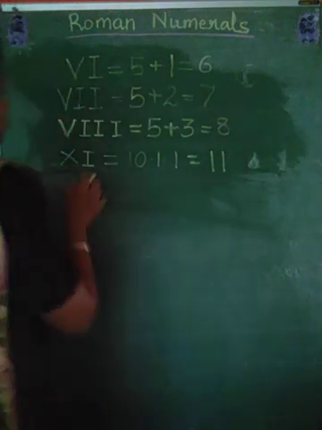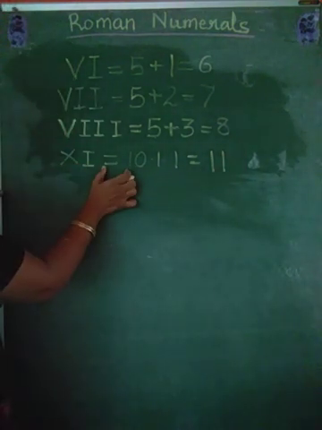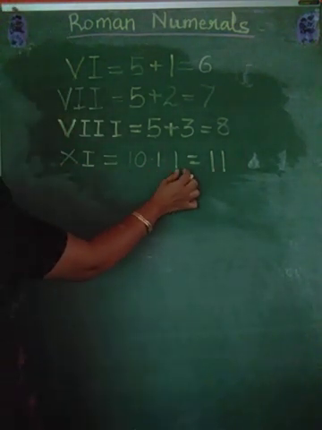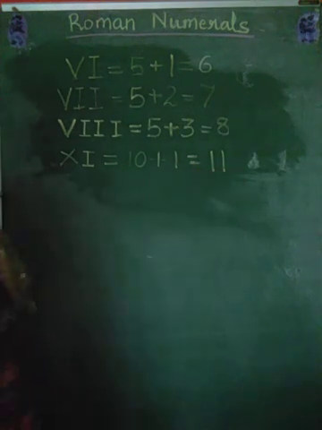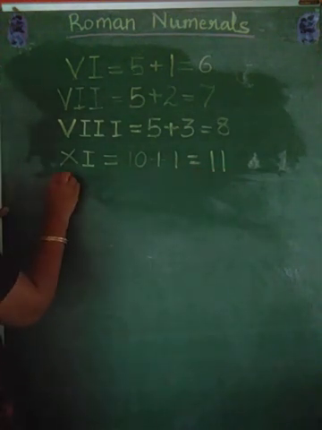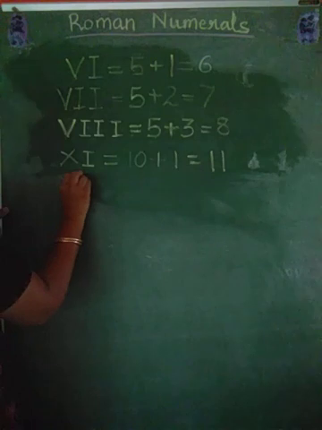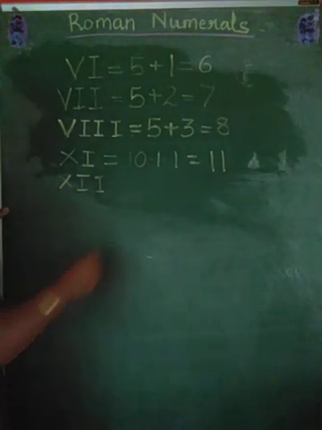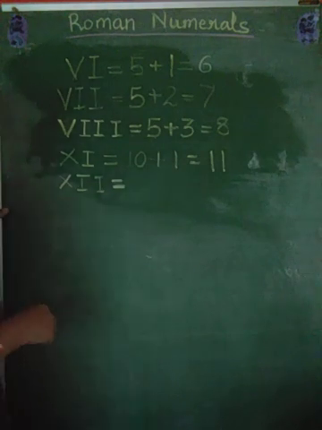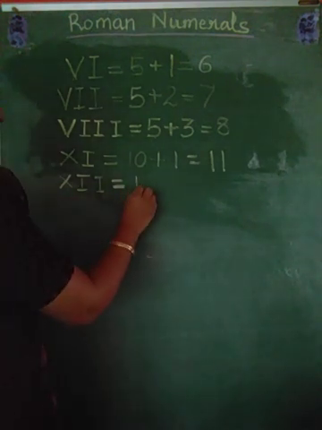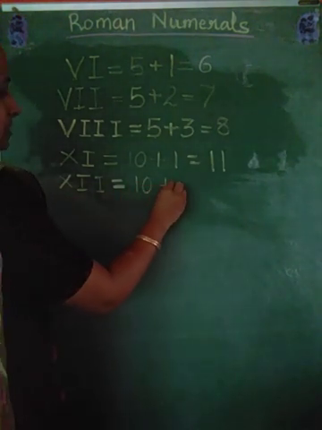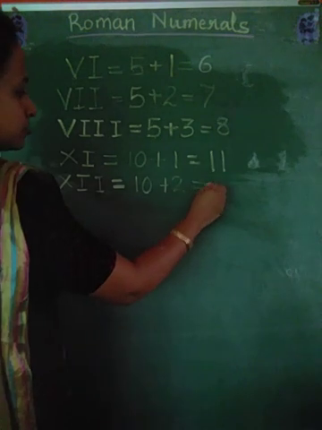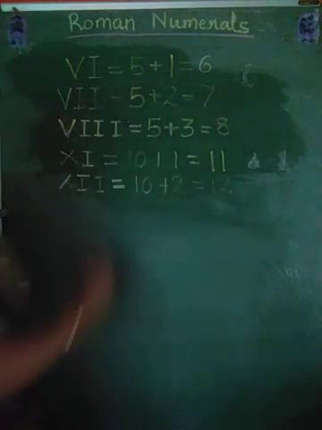You are right. So XI is equal to 10 plus 1 equal to 11. Then we can write like this, XII. Can you tell me what will be the value of this? Yes, you are right. It will be 10 plus 2 equal to 12.